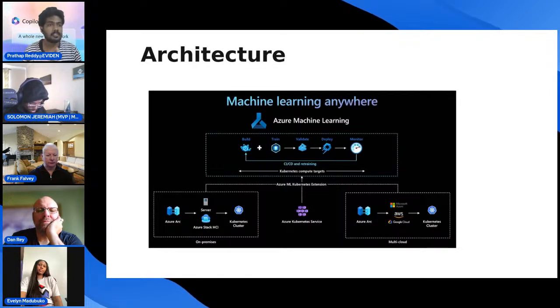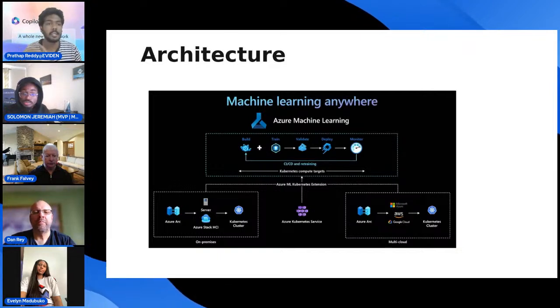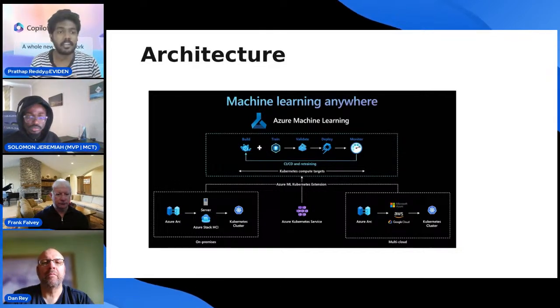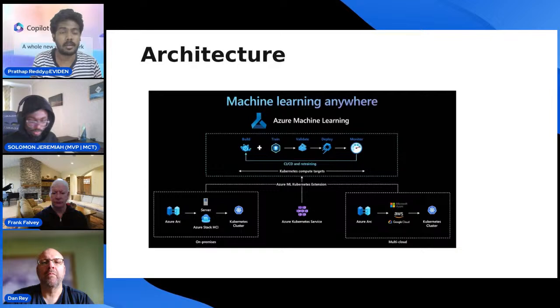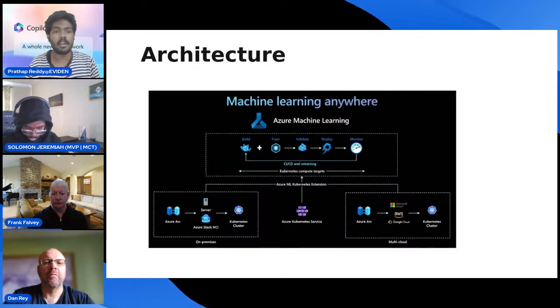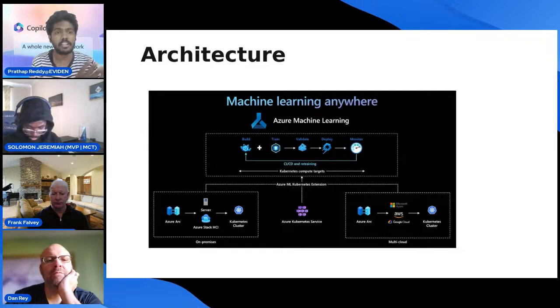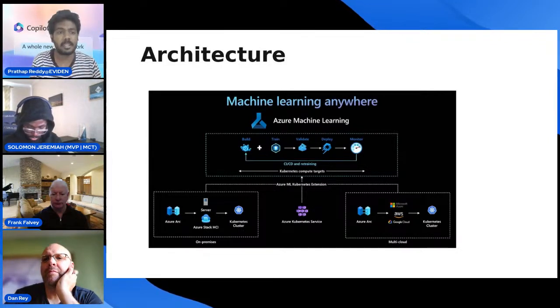The first is to build a model, then train that model, then go for the validation, and then you have to integrate it into an application. Whatever model you have developed in machine learning studio, you have to integrate in any application, and then you can monitor whatever model you have created in the ML Studio.